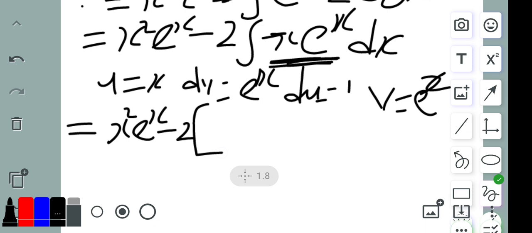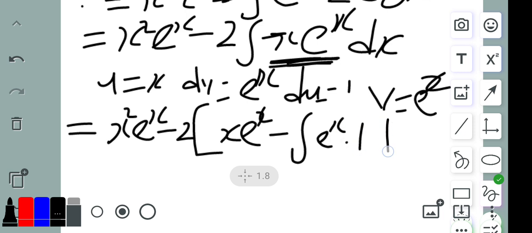So we have uv, which is x exponential x, then minus the integral of v, which is exponential x, du, and du here is 1 dx. You get it now.